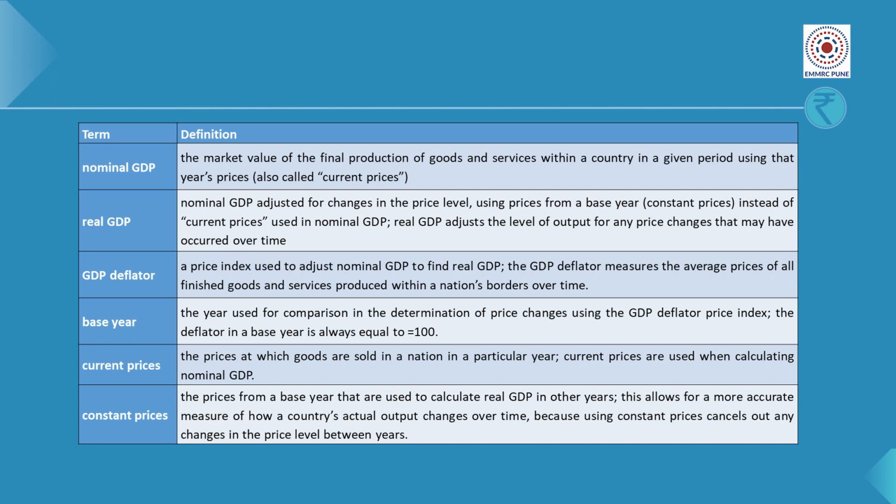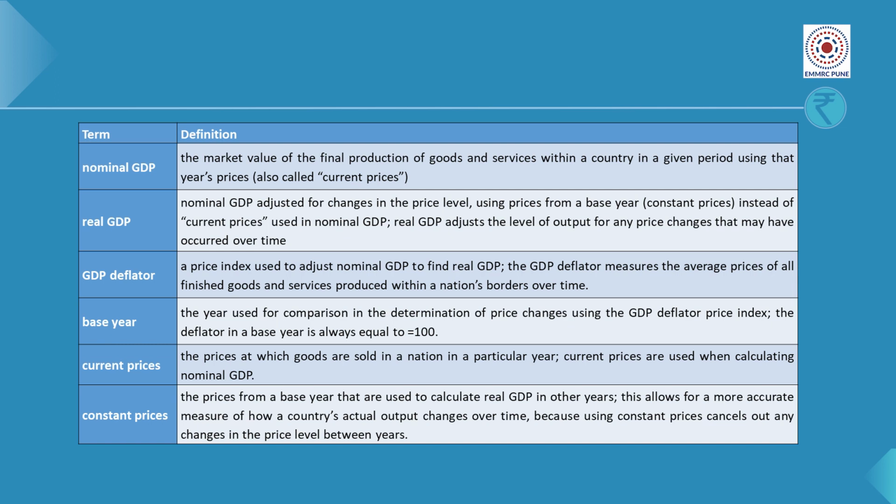The deflator in a base year is always equal to 100. So, whenever you have a base year, the deflator in the base year will be considered to be 100. Current prices are the prices at which the goods are sold in a nation in a particular year. So, current prices are used when calculating nominal GDP.